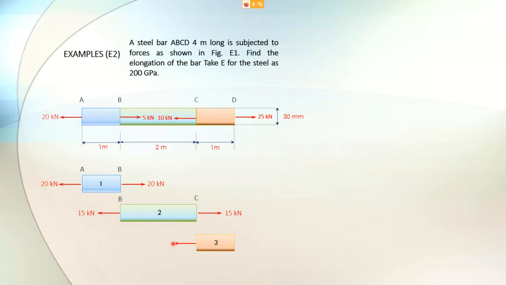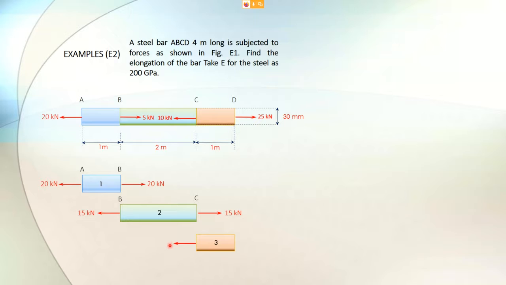How much must I consider here to have a force of 10 kilonewton in this direction, whereas this is 15? How to get a 10? I must consider here 25 in this direction.